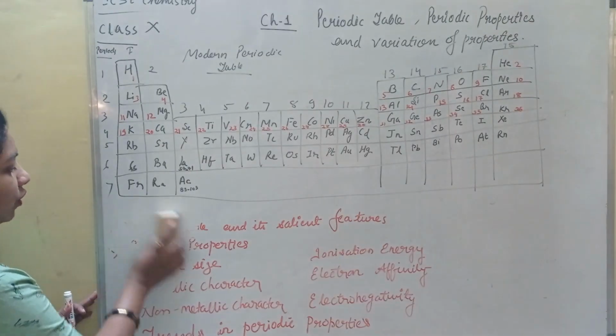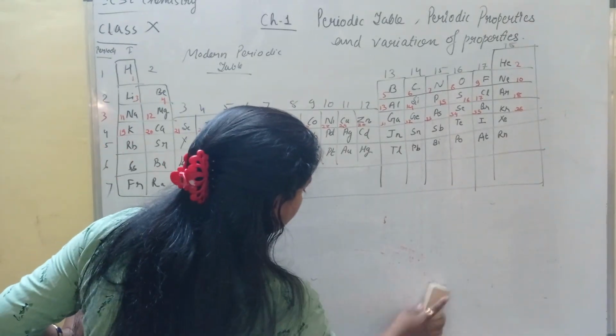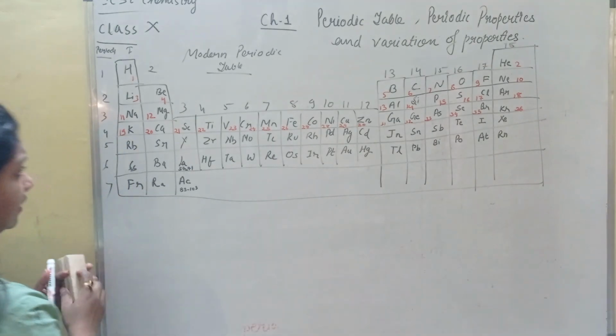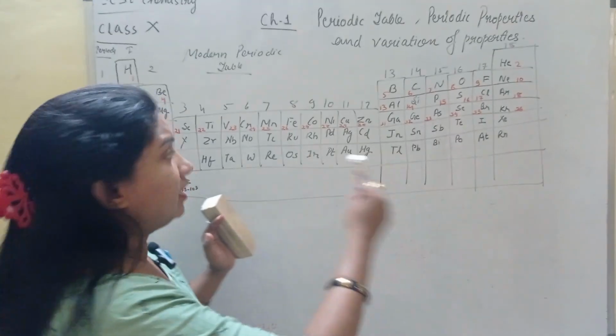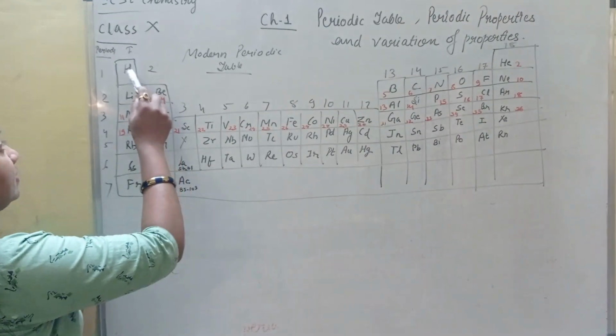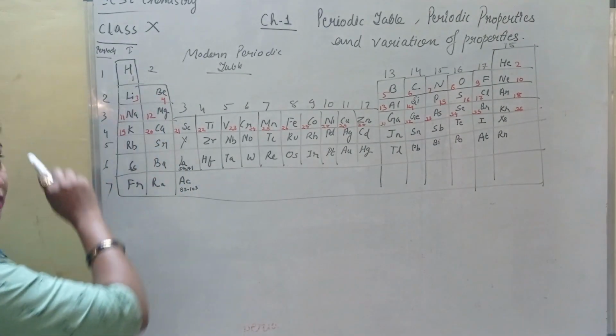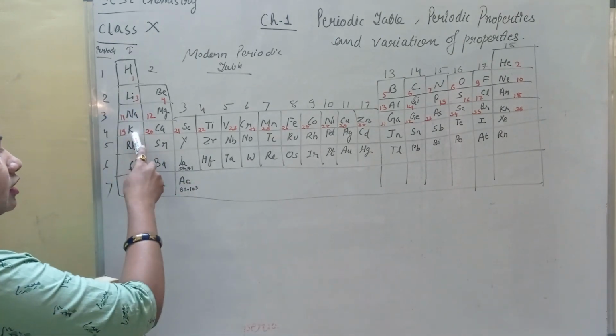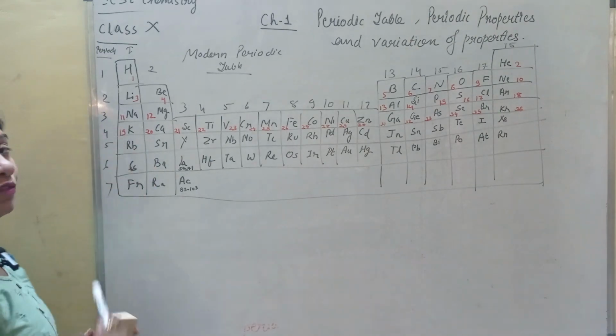So first we should know what a periodic table is. See, I have made it for you. You can see that it is a tabular arrangement in which symbols are written. These symbols are H stands for hydrogen, Li stands for lithium, Na stands for sodium, K stands for potassium.